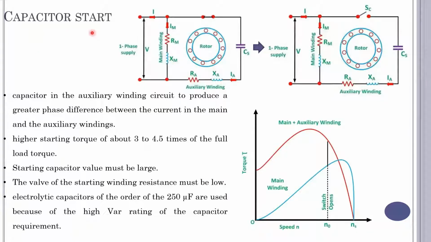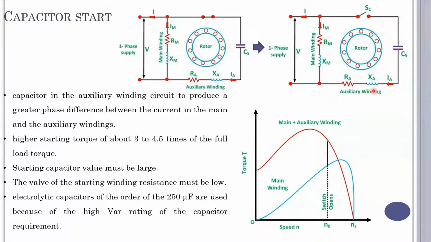The next type of single phase induction motor is the capacitor start induction motor. As the name states, the capacitor is connected to the auxiliary winding or the starting coil, and we have a centrifugal switch which is closed at the time of starting the motor, and after the motor picks up a certain speed, the centrifugal switch opens and the auxiliary winding is disconnected from the circuit.